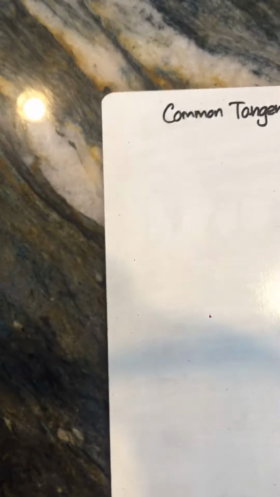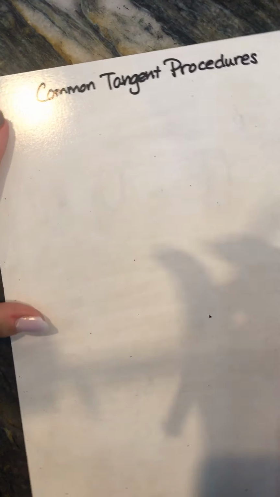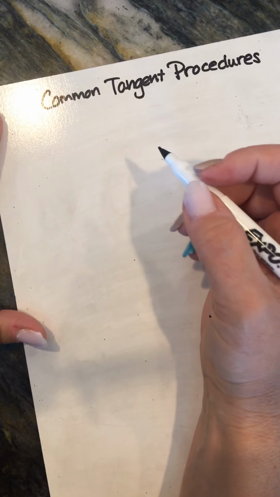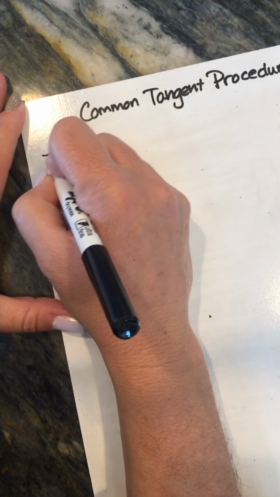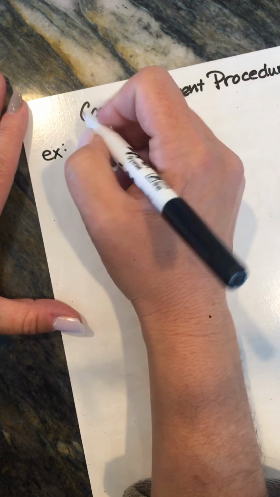All right. There we go. Okay, common tangent procedures. Everybody get that written down? All right. So here we go, common tangent procedures. We're going to write an example below so you can get a gist of when you would use this.